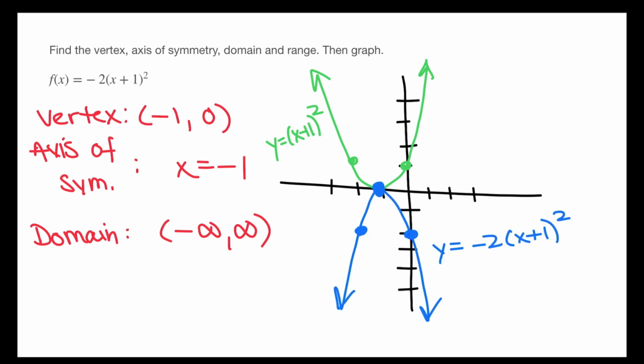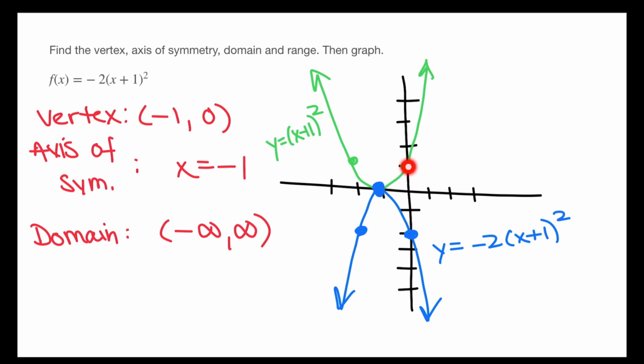All right, what does this -2 do? The -2 takes all the y values and multiplies them by -2. That's going to stretch the graph vertically and reflect it over the x-axis. So this vertex, the point -1, 0, stays where it is because 0 times -2 is 0.